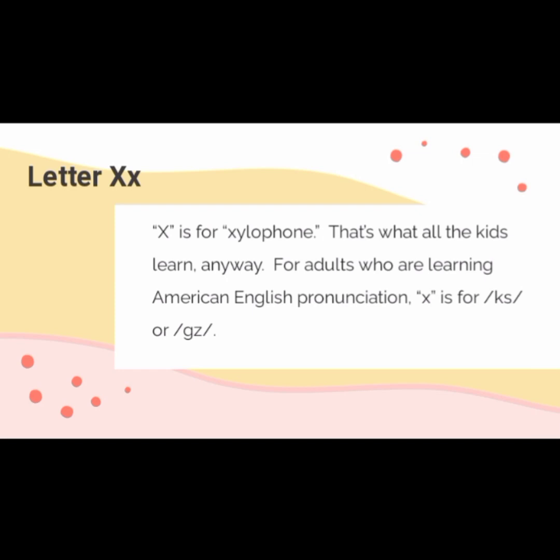For adults who are learning American English pronunciation, X sounds like KS, like X, X. But for example, we will use the word example. That was the time that we used the G and Z sound. Eggs, X.